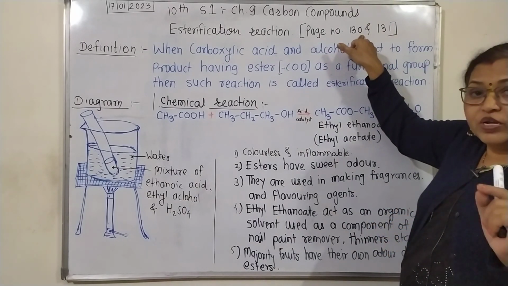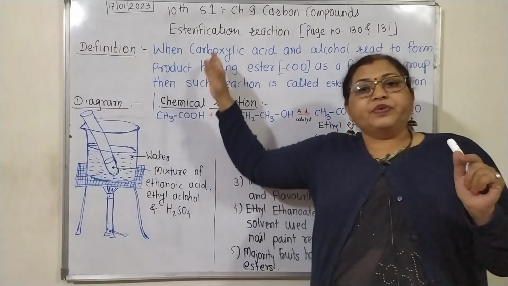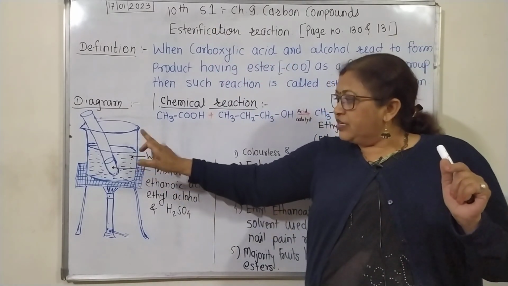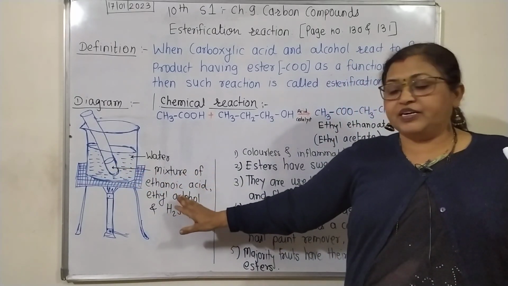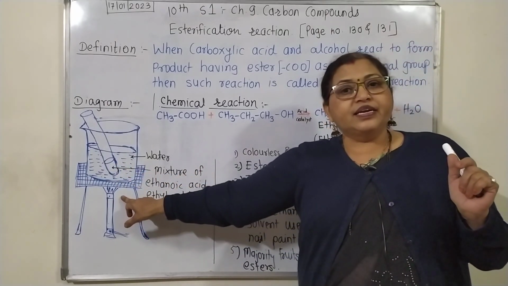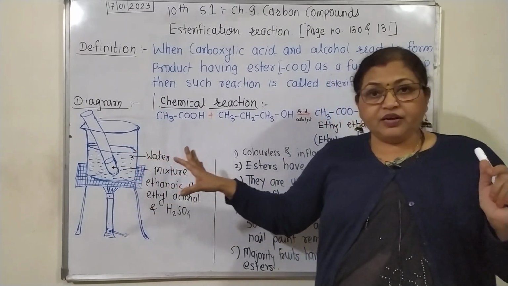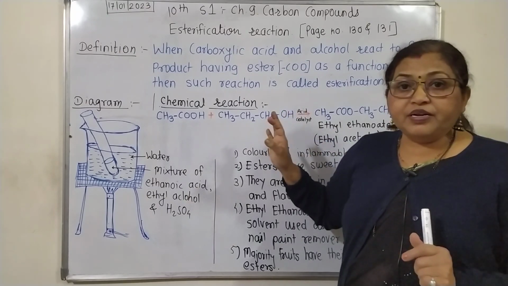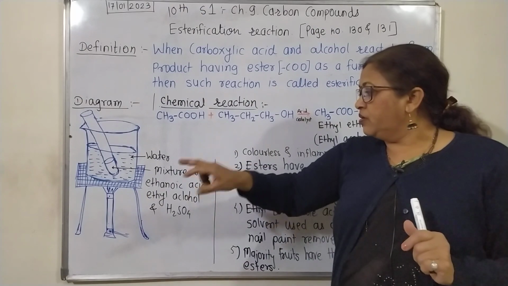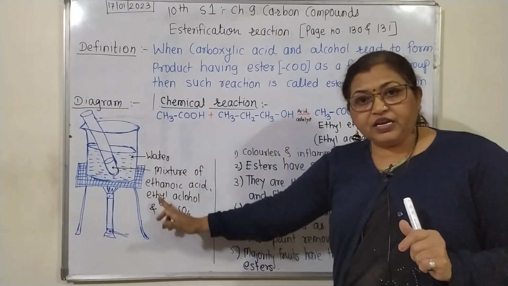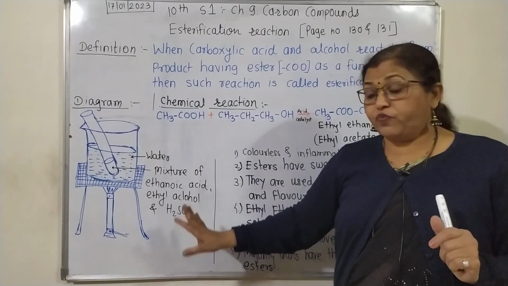On page numbers 130 and 131 we get all the concept related to this reaction, जिसमें एक test tube में these 3 mixtures are taken and after heating it using wire gauge, because I have written here the names or the labels of only the chemical substances, water or the mixture of 3 chemical substances like ethanoic acid, ethyl alcohol and H2SO4.